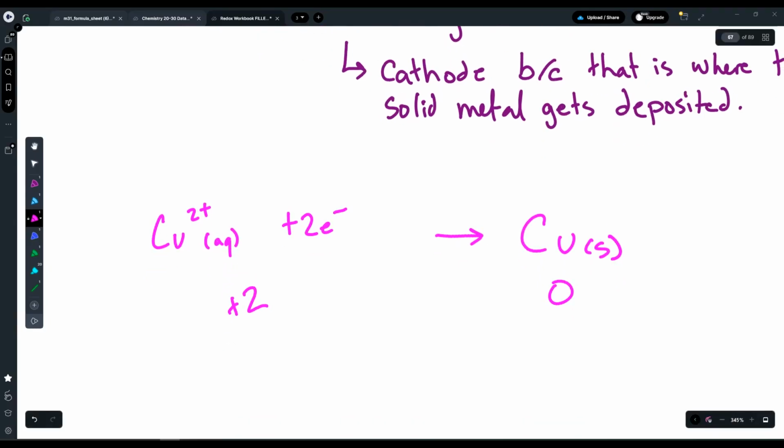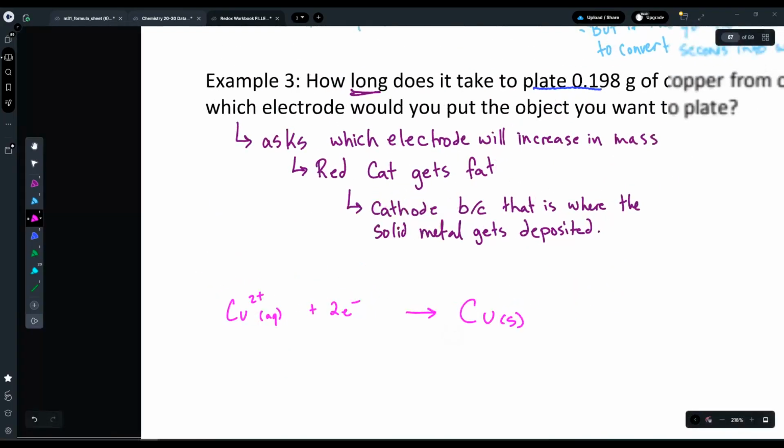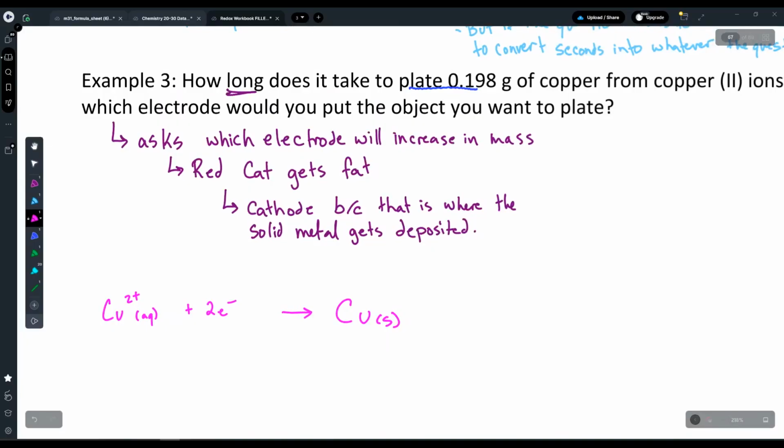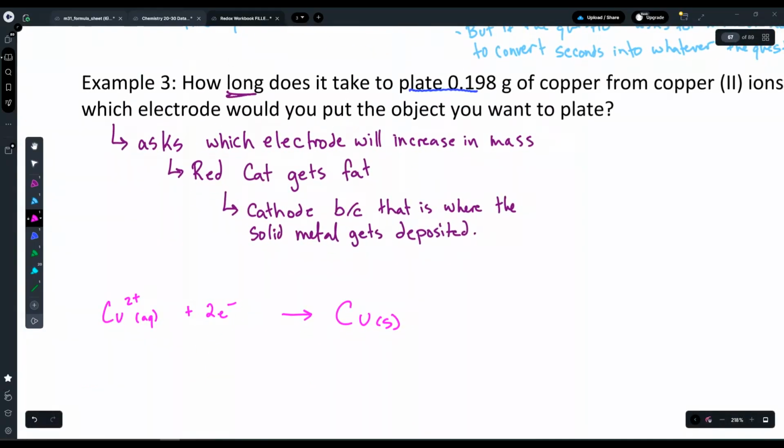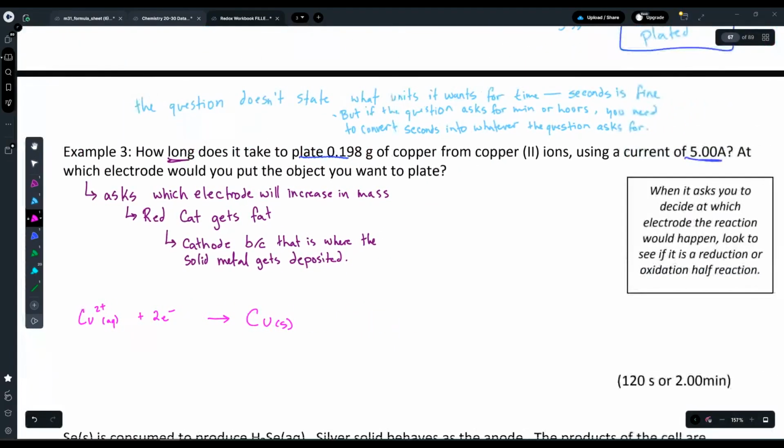Those 2 electrons, because electrons have a negative charge, that's going to subtract 2. So my reactants now have an overall charge of 0, same as the products, so that is balanced. Now we have our balanced half reaction, and it is reduction because the electrons are being gained, we know that because they're on the reactant side.